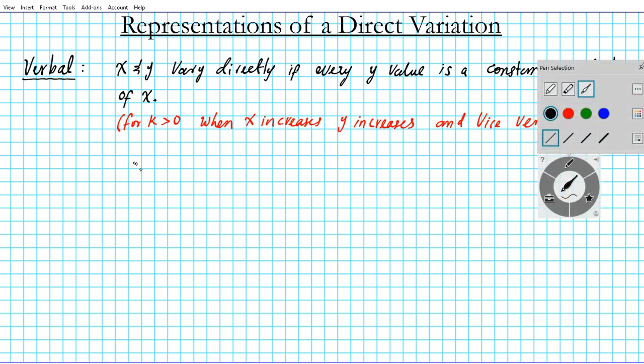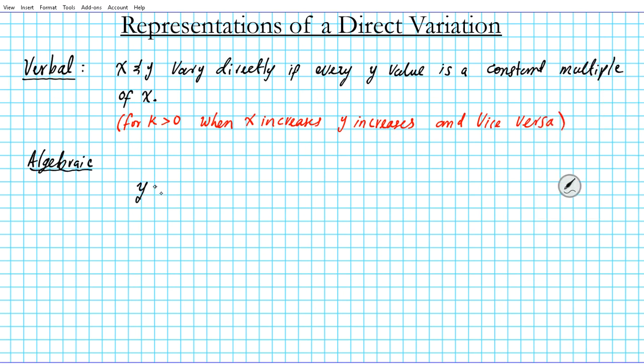Let's take a look at the algebraic representation of a direct variation. It can be written as y equals mx, or y equals kx, or y over x is equal to m.